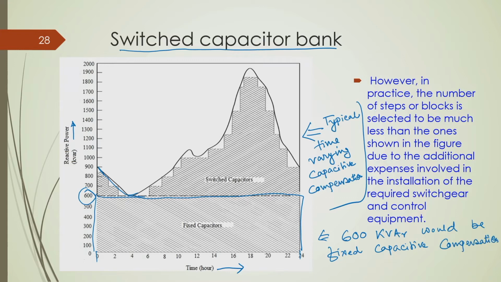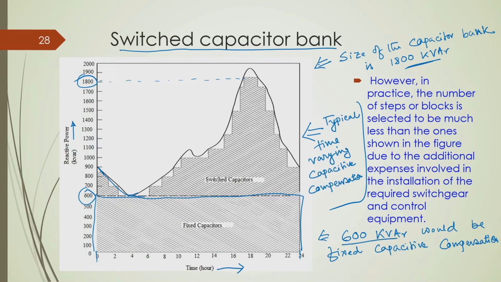Then the rest of the capacitors, whereas the size of the capacitor bank is 1800 kVAr. This is indicative, this does not mean that it should be similar for every network, or that this is the common practice for all the utilities.